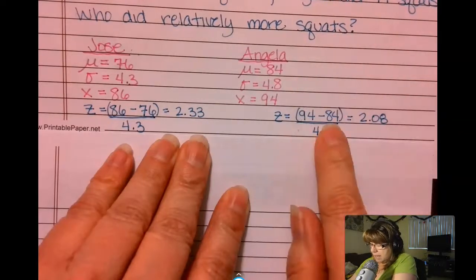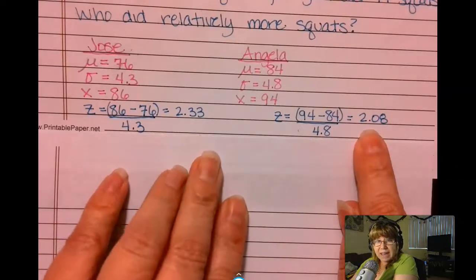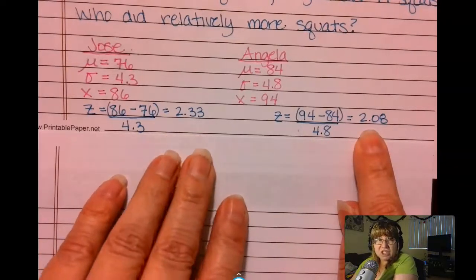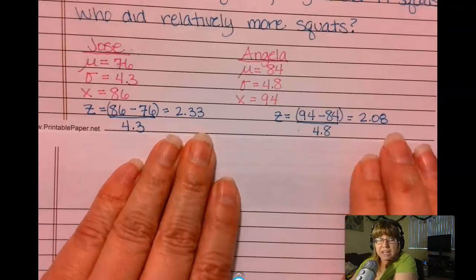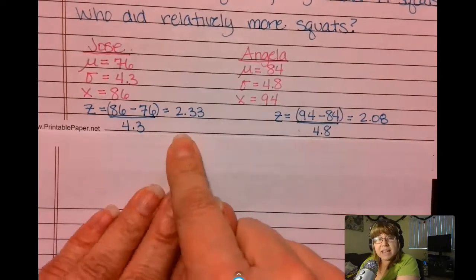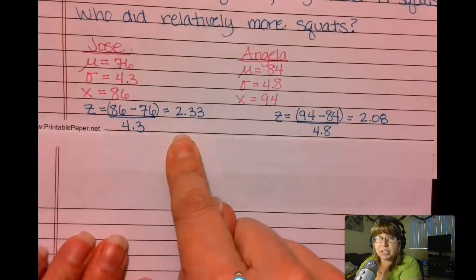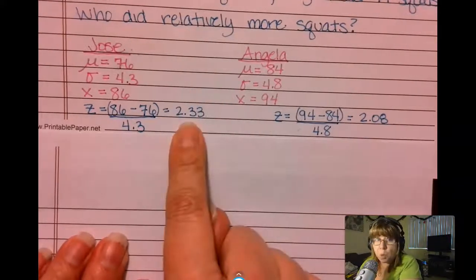So 94 minus 84, all divided by 4.8, and we get 2.08. Now that both Jose's squats are in a z-score and Angela's squats are in z-score, we can compare the two. Looks like Jose is 2.33 standard deviations above the mean, and Angela is 2.08 standard deviations above the mean. And therefore, relative to their gender, Jose did more squats.